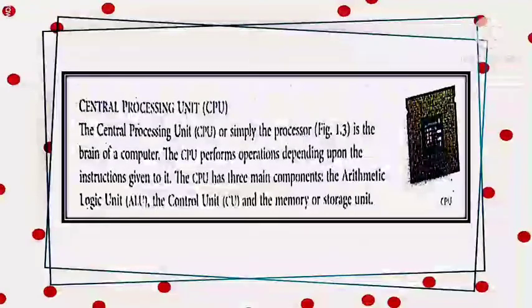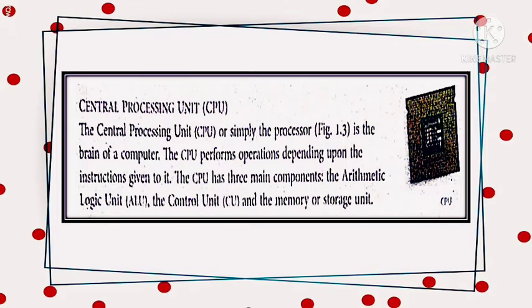Next is central processing unit. It is also called CPU in short. The central processing unit or CPU or simply the processor. This is the brain of a computer. The CPU performs operations depending upon the instructions given to it.